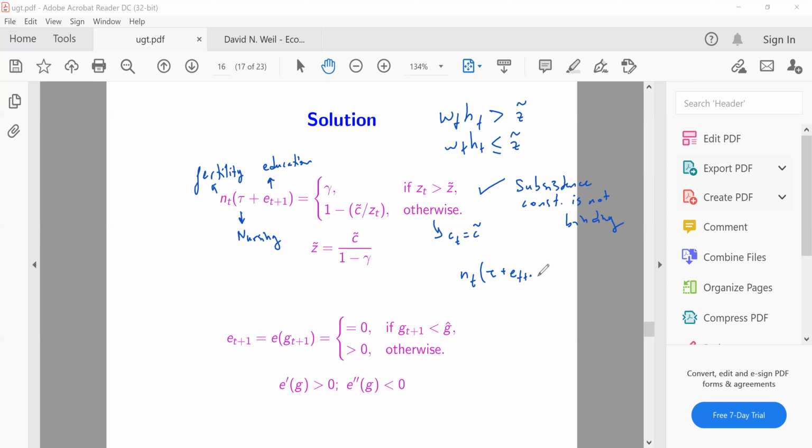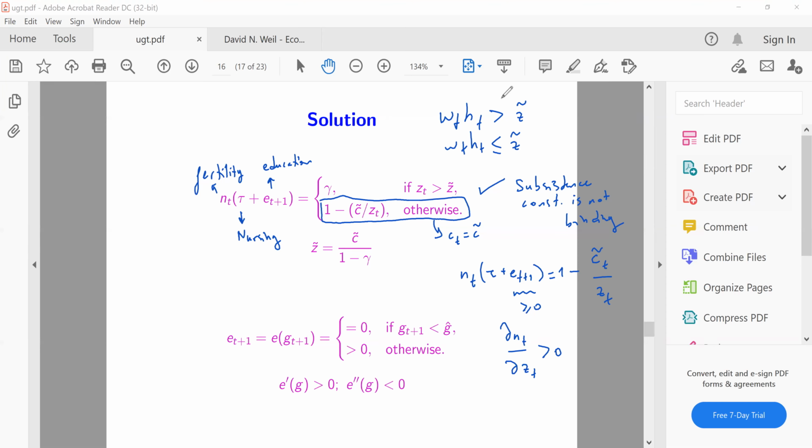The total amount of resources you spend for your kid is equal to that. And as you see, for any e_t, which might be 0, n_t is increasing with income. Okay, so that's the Malthusian regime here.